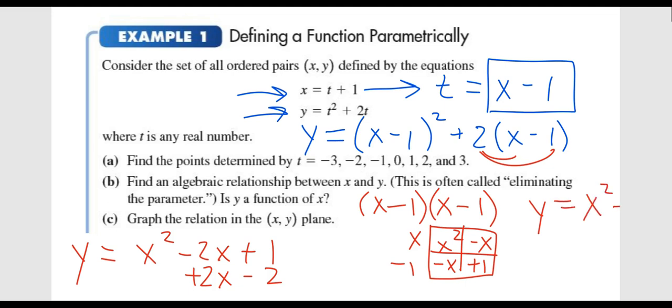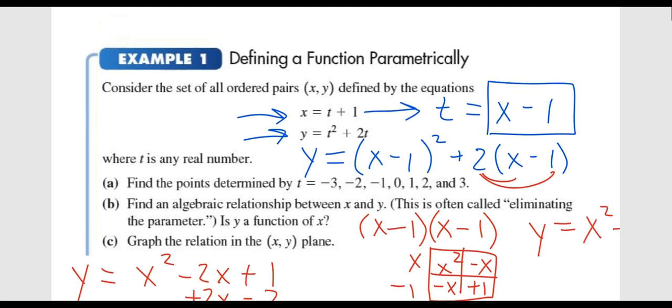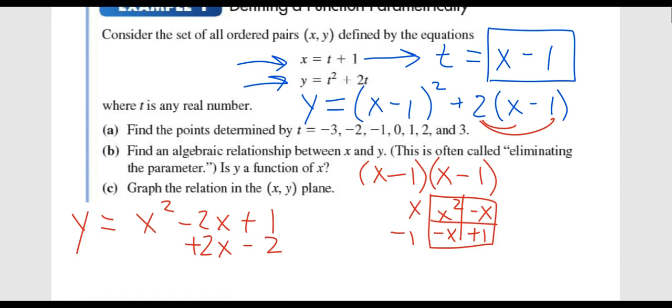We did get y equals x squared minus, oh man, it went off screen. Sorry, I'm going to have to back myself up here. y equals x squared minus 1. Look, no t. We've eliminated the t parameter, right?